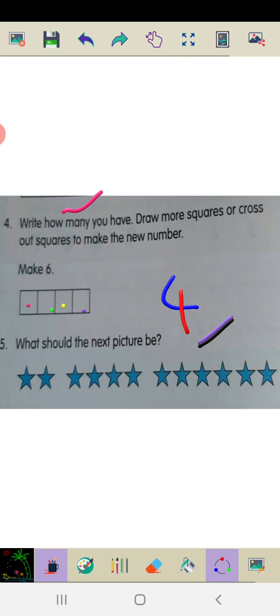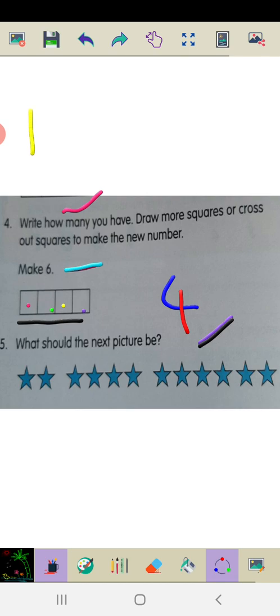In the second part, he is asking that you need to make a new number. The new number is 6. You want to make it 6. To make it 6, if it is required, you add squares. If it is required, you remove squares from these 4 squares.